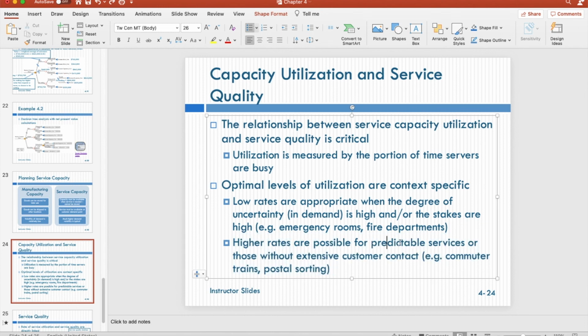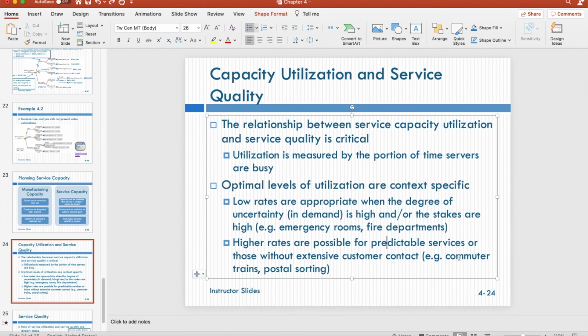If you can have predictable services, or those without extensive customer contact, as I show here, such as commuter trains and postal sorting, as long as you can predict the service by using historic information, and you have some expectation about the service volume or what is the appropriate level of providing those services, then your optimal level of utilization can be a little bit higher.